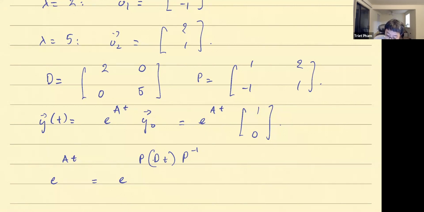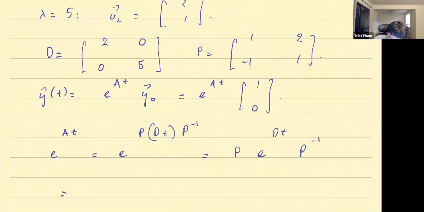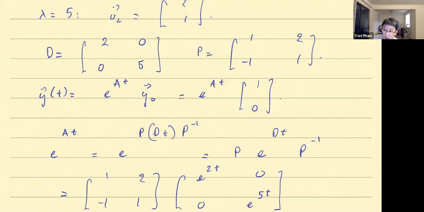I would associate it with the diagonal part, so it will be P e to the Dt P inverse, which would be the matrix 1, -1, 2, 1 times the diagonal matrix e to the 2t, 0, 0, e to the 5t.